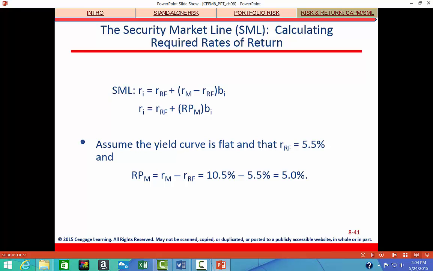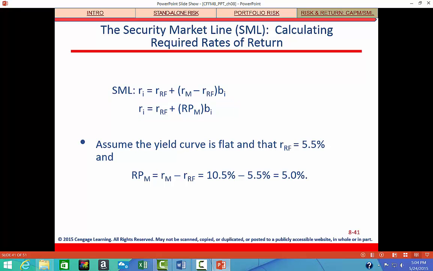Now, the CAPM is also called the security market line, and this is what we use to calculate a required rate of return. The formula could be stated the way we saw before, or it could be stated a second way, where you're given the market risk premium, which means they've already subtracted the risk-free rate. If you're given the market risk premium, you just multiply it times beta.